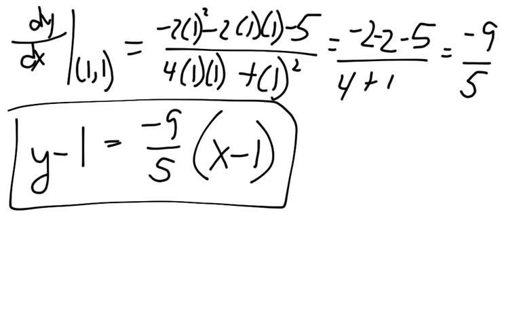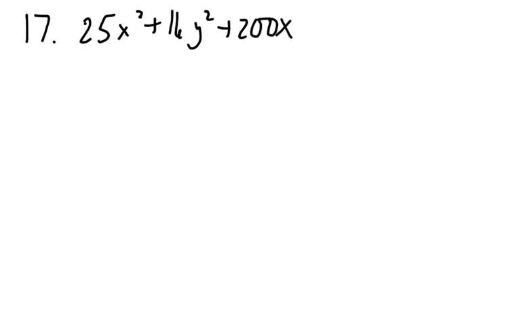All right, number 17. Number 17 says find all points where the curve 25x squared plus 16y squared plus 200x minus 160y plus 400 equals 0 has a horizontal tangent line and a vertical tangent line.